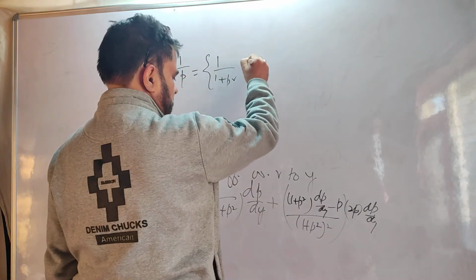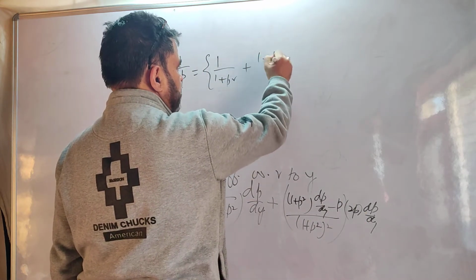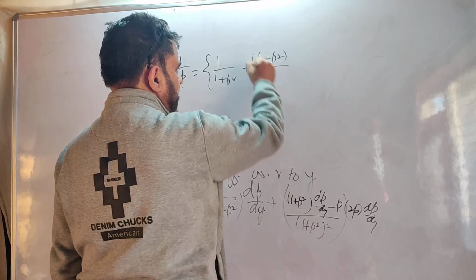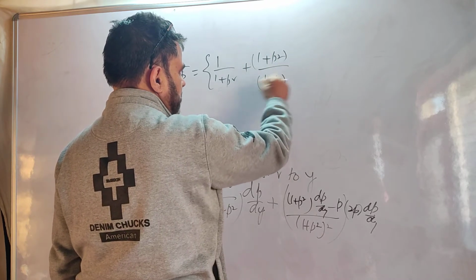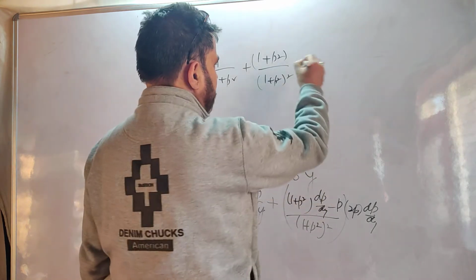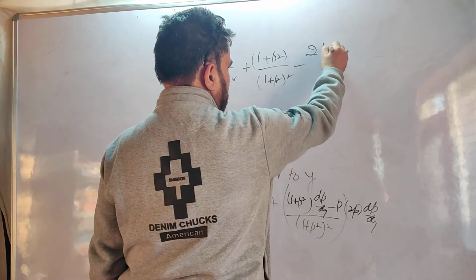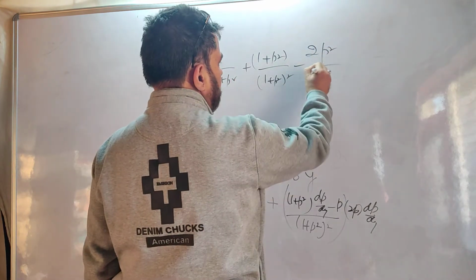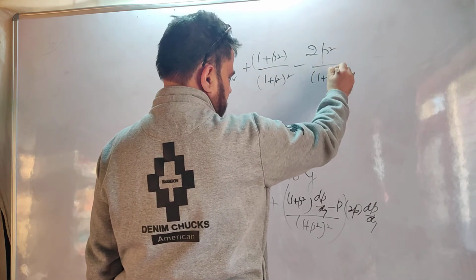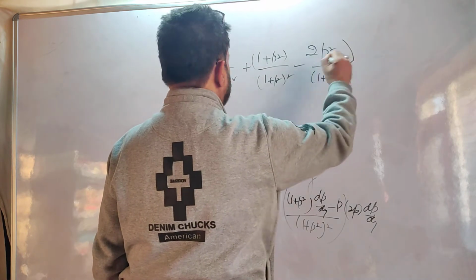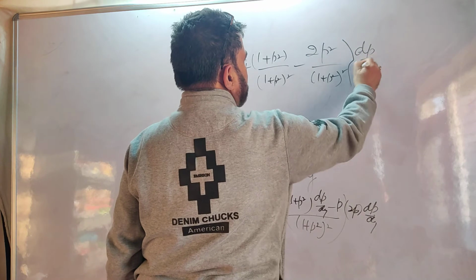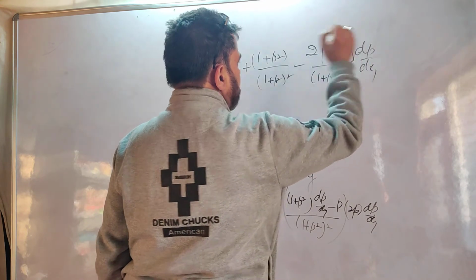It is plus 1 plus p square by 1 plus p square whole square, then minus 2 p square by 1 plus p square whole square, dp by dy is out.